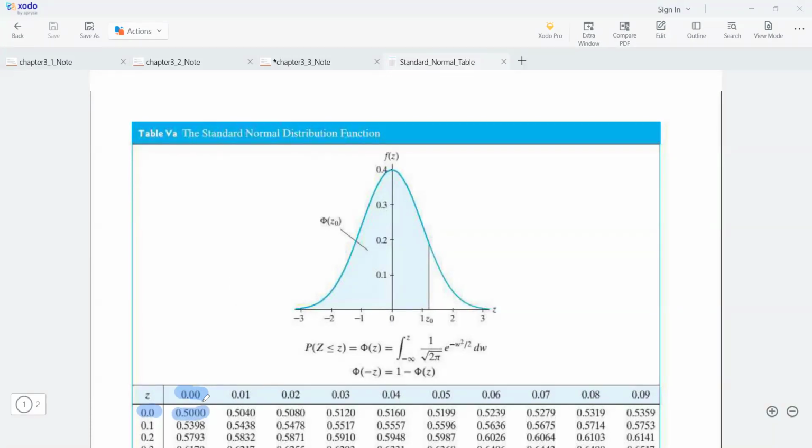Besides using this table, recall the property of the standard normal distribution. It is bell-shaped and symmetric with respect to the mean, which is 0. So the area from 0 to the left is also 0.5, because the total area under this bell shape is 1 and the left part is 0.5. So whether you use the table or the symmetry property, you find the result is 0.5.